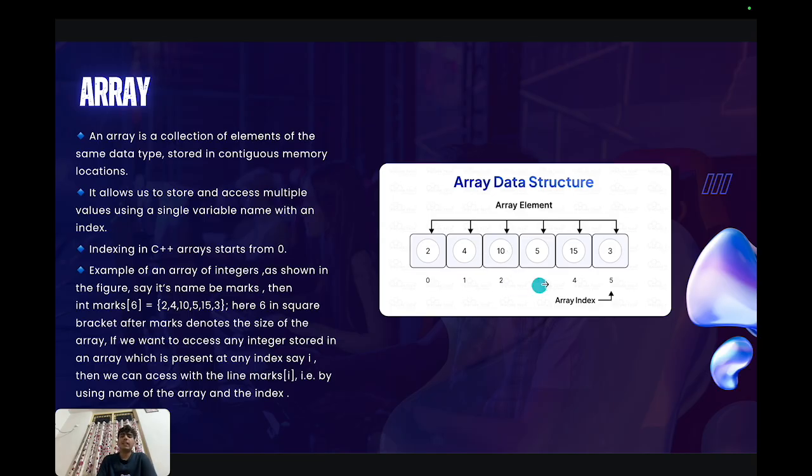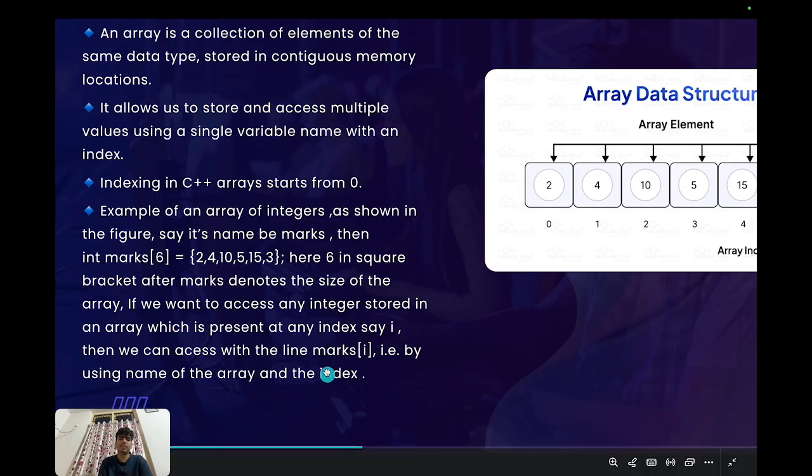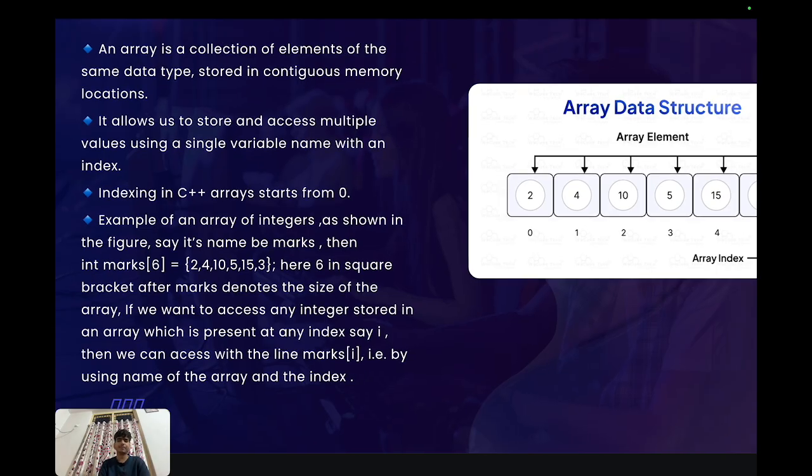Also, if you want to access how many runs he scored in the 5th inning, then you could access it by using the 4th index, as I said, because the index starts from 0. So you could just access it by using the name of the array and the ith index which you want to access, right?